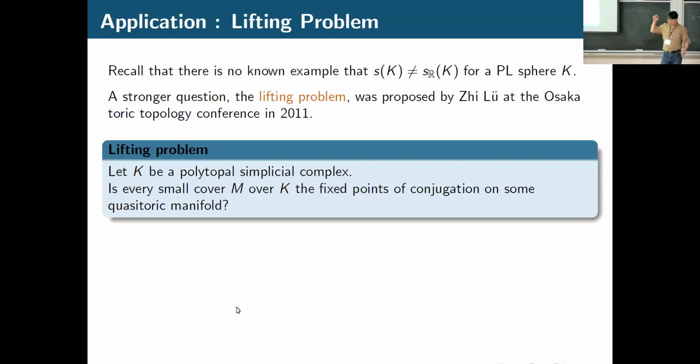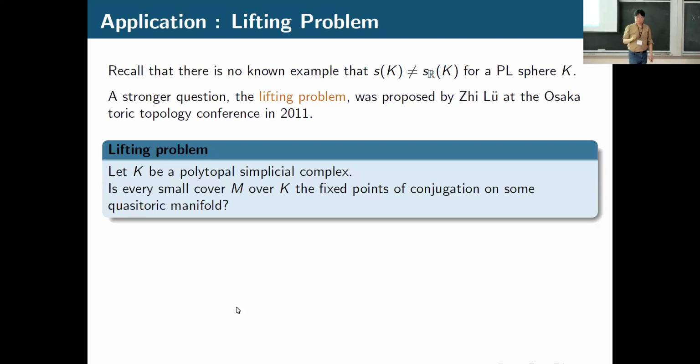But in the class of polytopal cases, there is an even stronger question, given by Professor Jiu Liu in 2011. That is now called the Lipton problem. It asks whether, for any K which is a polytopal simplicial complex, every small cover M over K is the fixed points of conjugation on some quasitoric manifold.